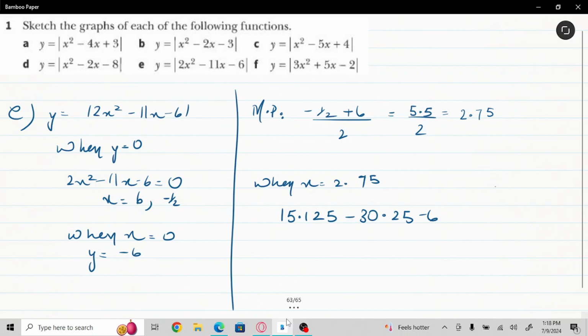That's going to give us minus 6, sorry, plus 6.25 and minus answer 36.25 plus 15.125. That's going to give us negative 21.125. Yeah. So we have our value for the stationary point, which is 2.75 and negative 21.125 to be specific.